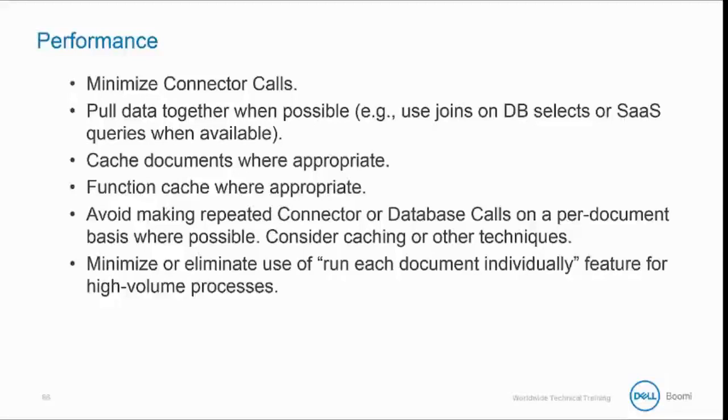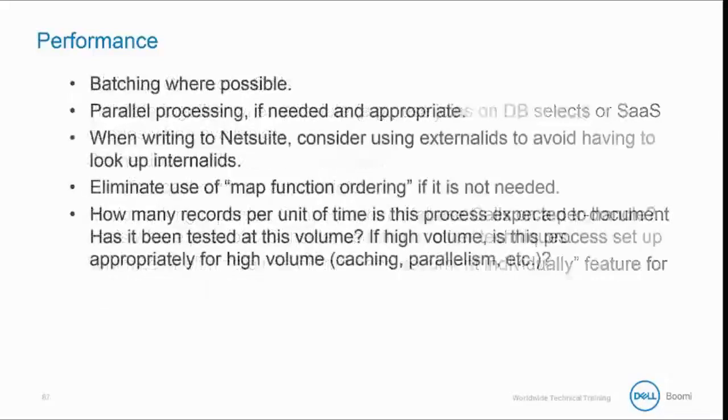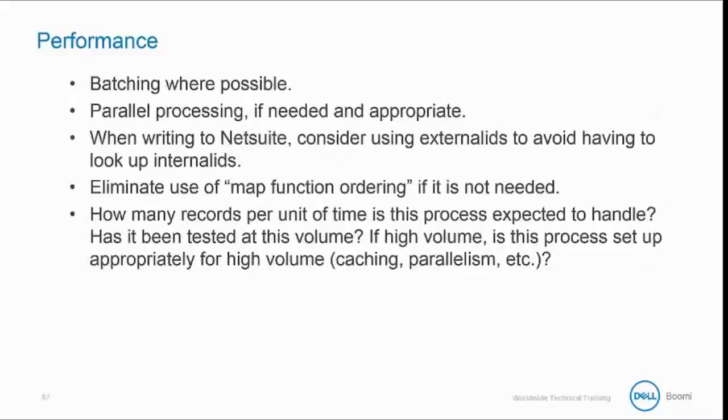Instead, consider caching. Minimize or eliminate the use of run each document individually feature for high volume processes. Use batching where possible. And if needed and appropriate, employ parallel processing.